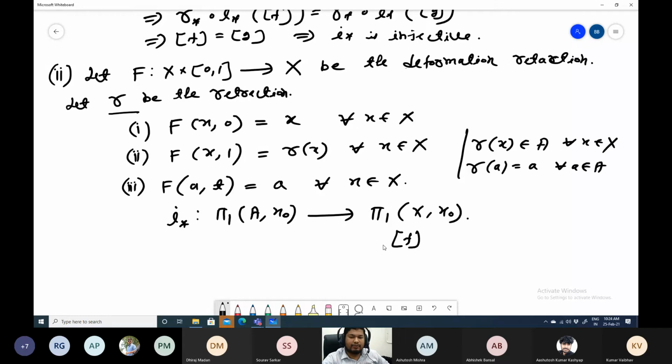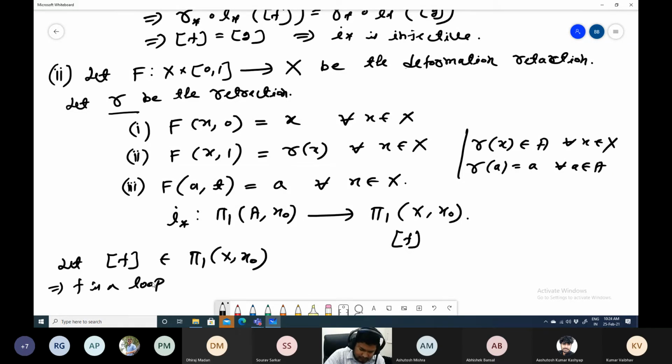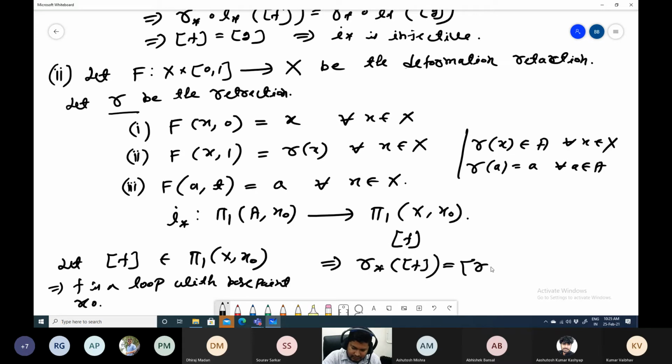That is the meaning of surjective. Now let f belong to pi 1 of (X, x0). So f is a loop with base point x0. Therefore R star f, which is just R composed with f, belongs to pi 1 of (A, x0).